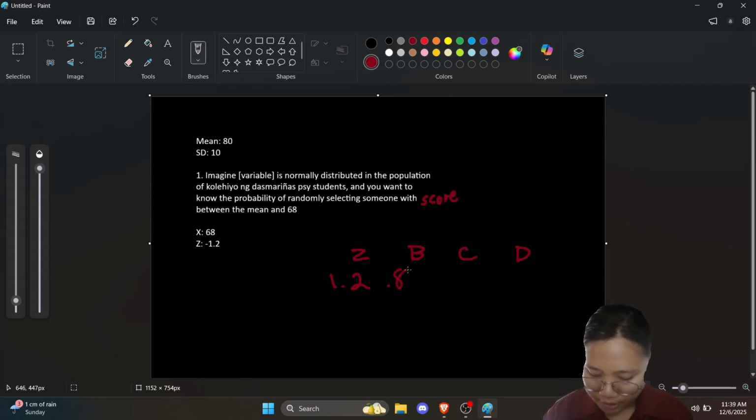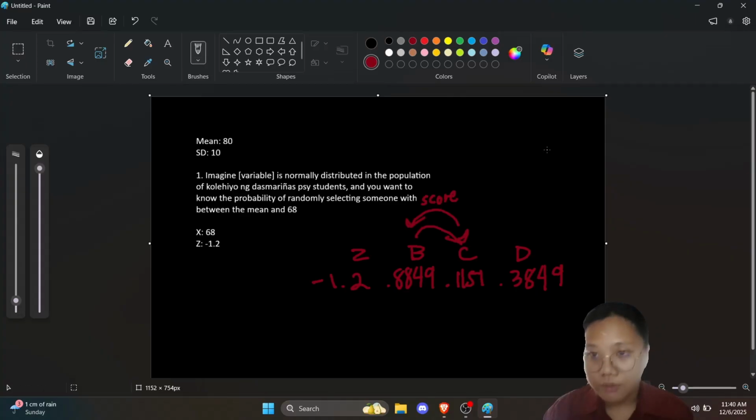In this case, our value for the body is 0.8849, for the tail 0.1151, and for the between 0.3849. Since our z-score is negative, what we need to do is switch the body and tail values. This is a normal thing to do in a traditional unit normal table since we don't have negative values in this table.